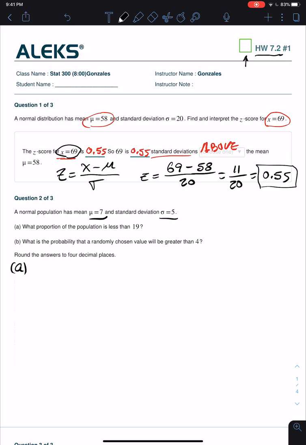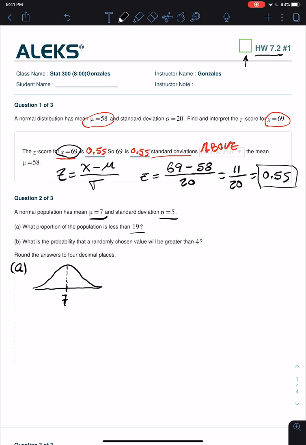In this part, you don't have to do this every single time, but I think it's good to draw the picture, especially when you're first learning this. The raw data mean is right here at 7. Standard deviation is 5.